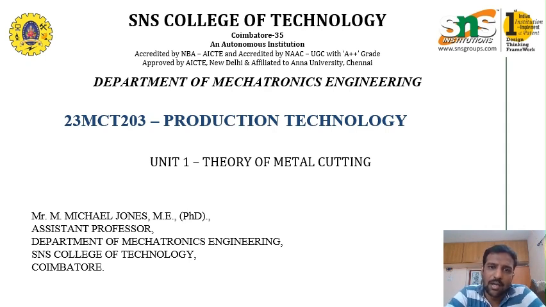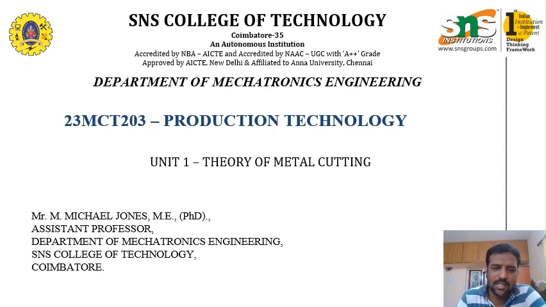That is the fundamental of production or manufacturing in any industry. We are going to see the processes, the methods, the functions, and the allied things that support an effective manufacturing process. That will be dealt with in the production technology course.